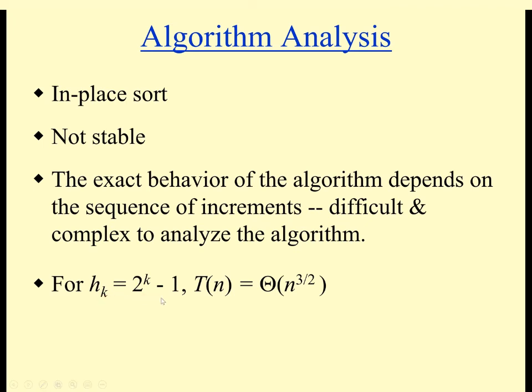So like this one, we can get the complexity because this is the simple case. So you get theta of n to the power of 3 over 2. Okay, seems better than the previous one. Correct. Insertion sort, we have theta of n to the power of 2. So it's quadratic. This one is 1.5, which is less complicated.